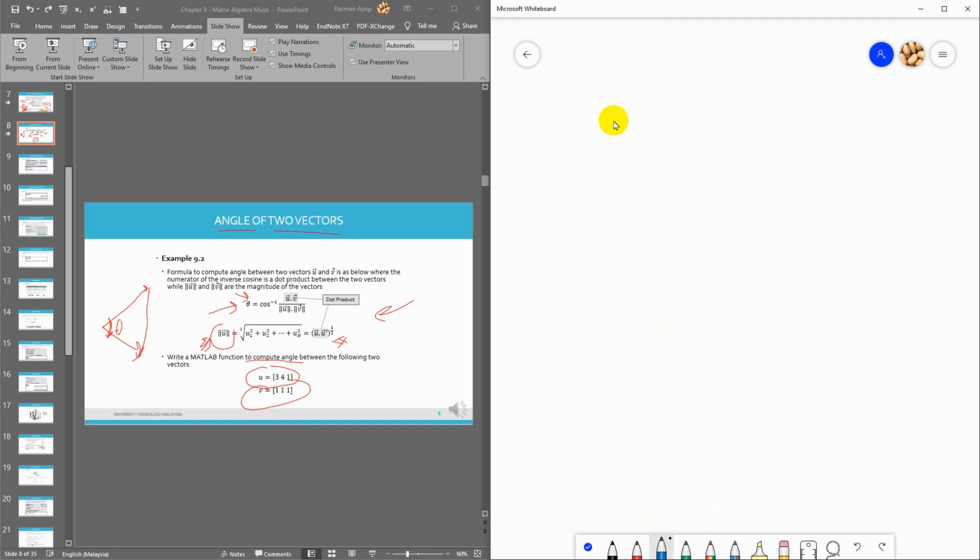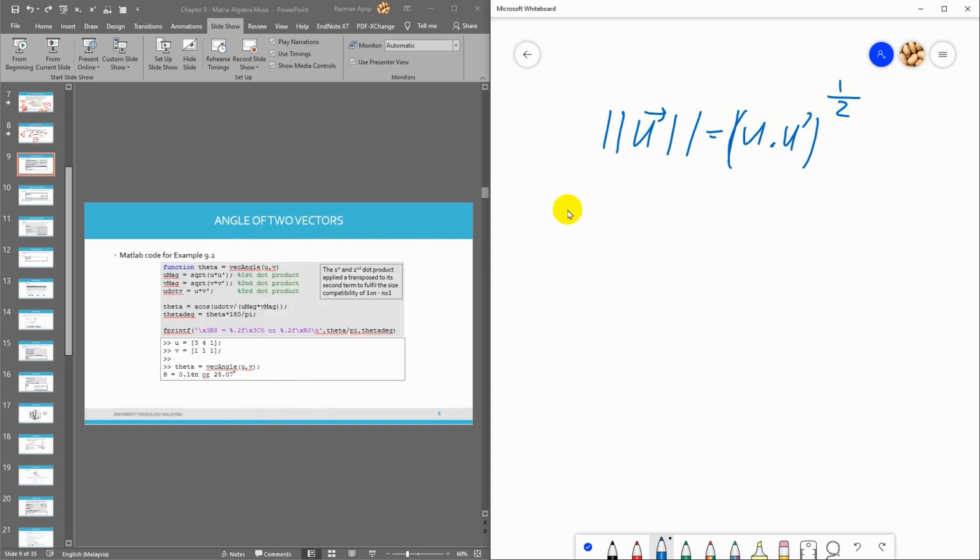The u magnitude is u dot u bar, and then you take the square root. So if you check back, the coding is basically u magnitude equals sqrt, or in MATLAB you use this one, u dot u bar.